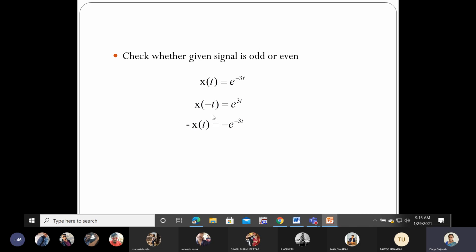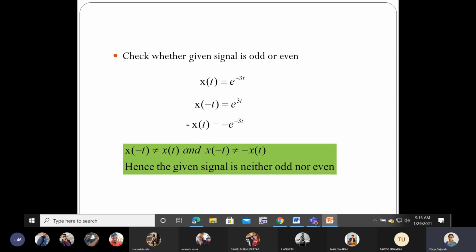Is it equating? No. So both conditions are not met. I can come to the conclusion that x of minus t is not equal to x of t, and x of minus t is also not equal to minus of x of t. So the given signal is neither odd nor even.